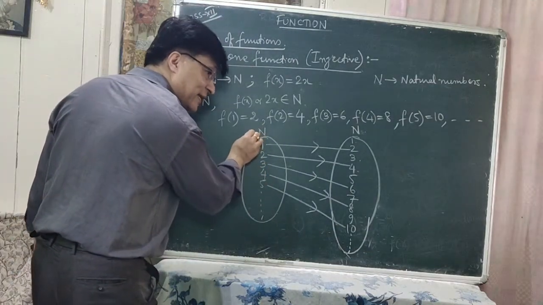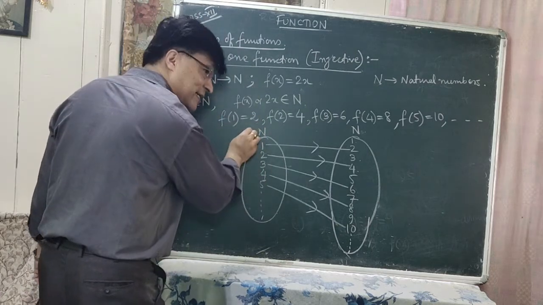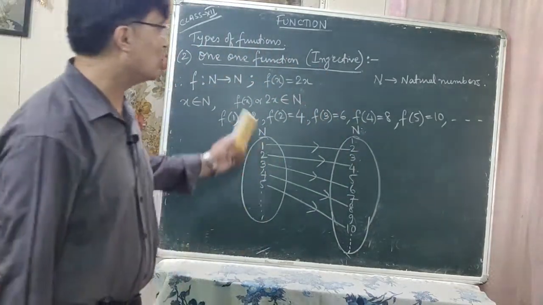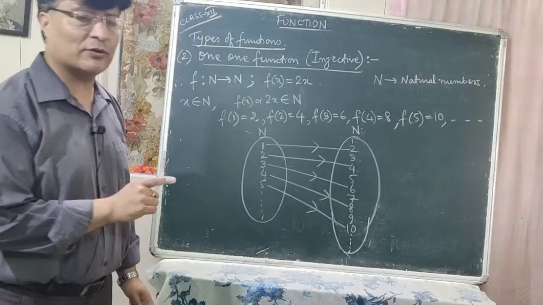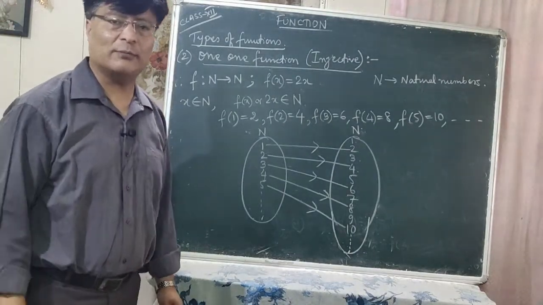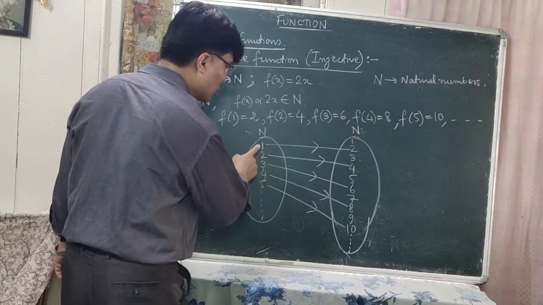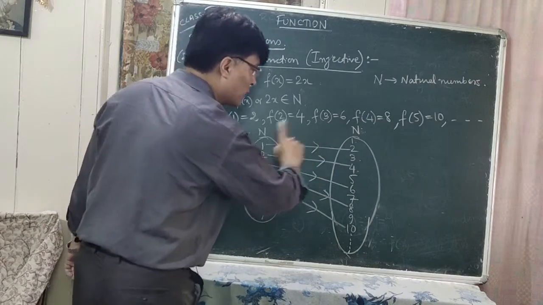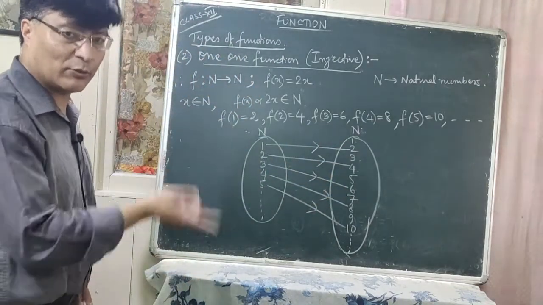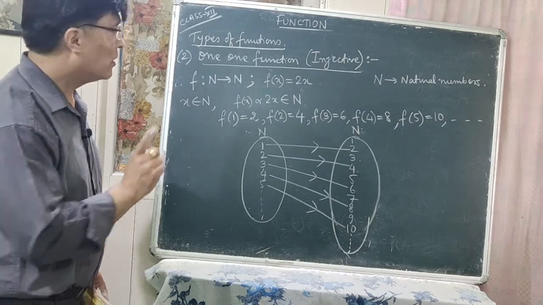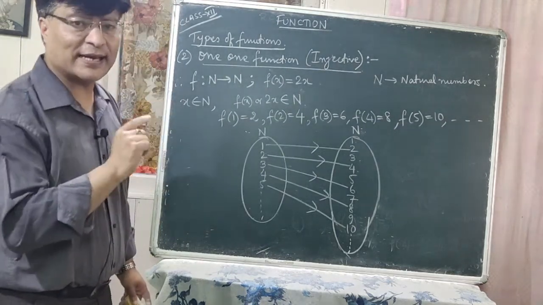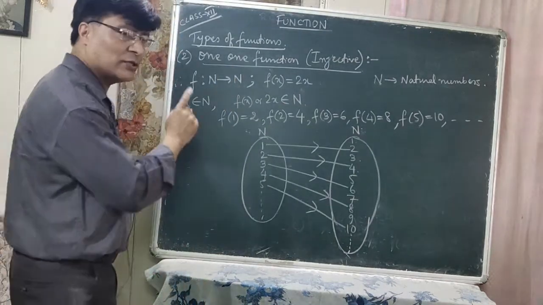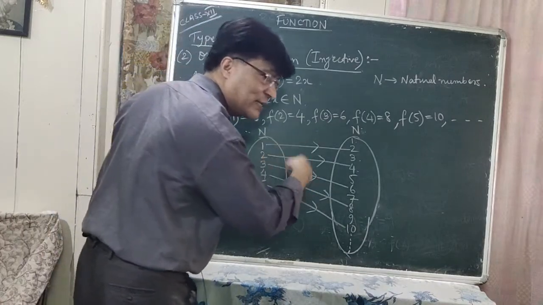elements in the set n have distinct images in the set n, and this type of function is known as a 1-1 function. For example, 1 and 2 cannot be related with the same 2; that would be many-1. In a 1-1 function, one element must be related with only one element. The function f such that a to b is said to be 1-1 if distinct elements of the set a have distinct images in the set b.